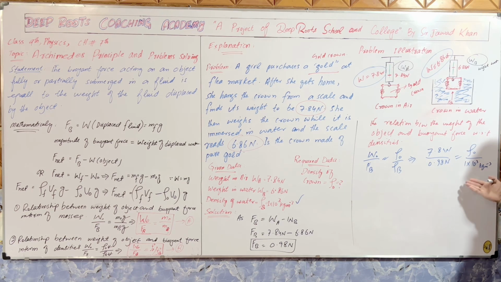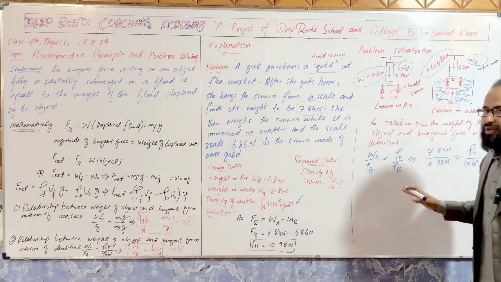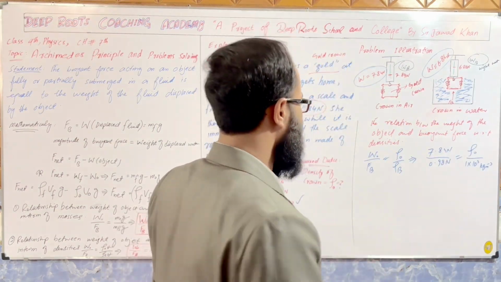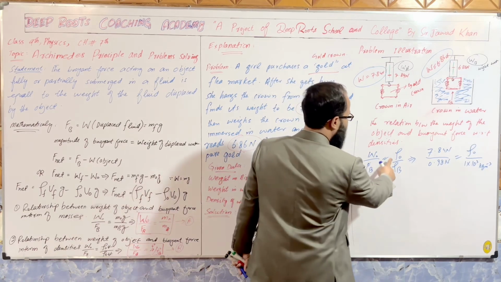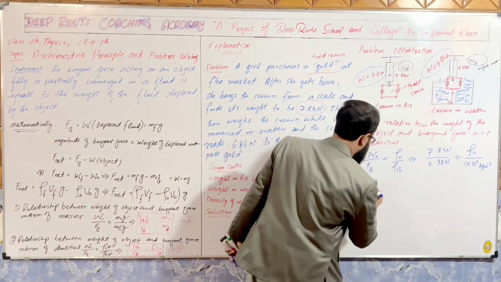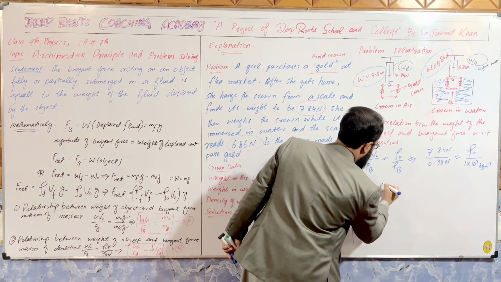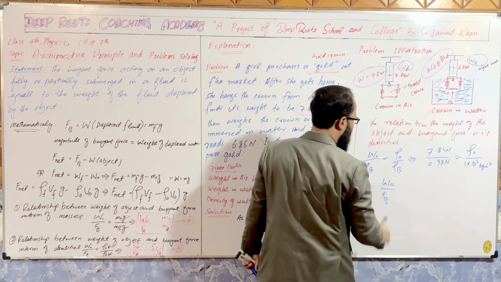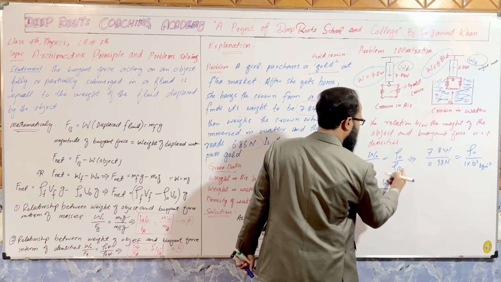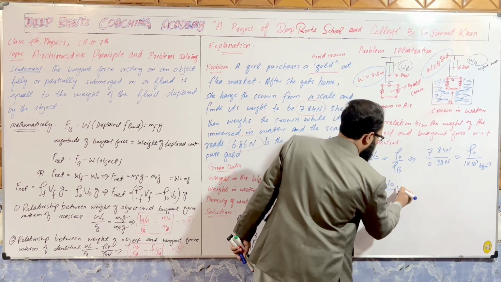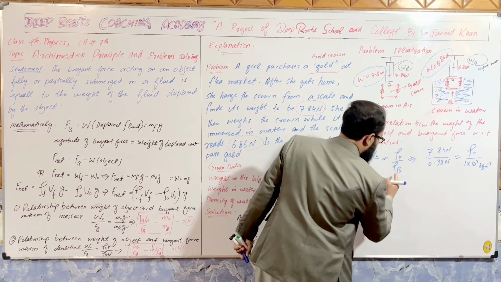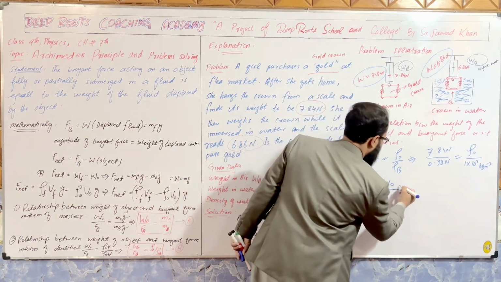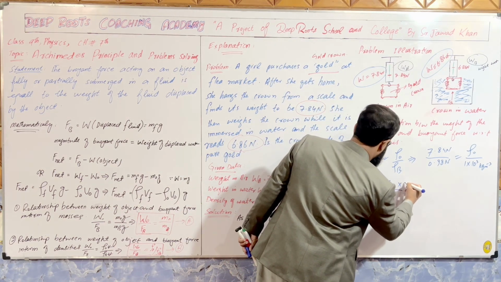Now you can solve the problem like this in the shortcut form, or you can use another method: leave rho of the object at its own place and shift rho of the water, or rho of the liquid, to the other side. Since it is in the division form, it will become the multiplication form.